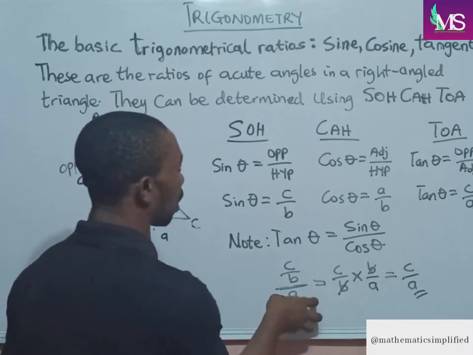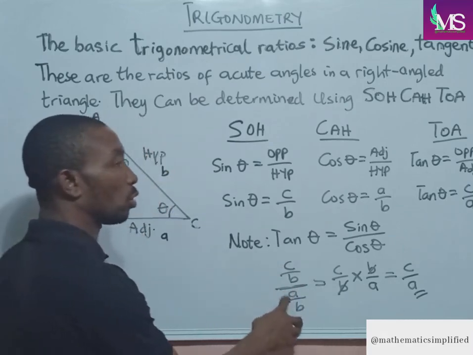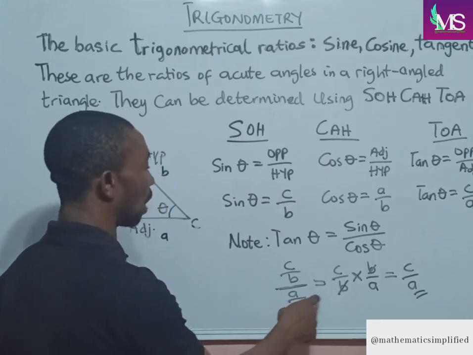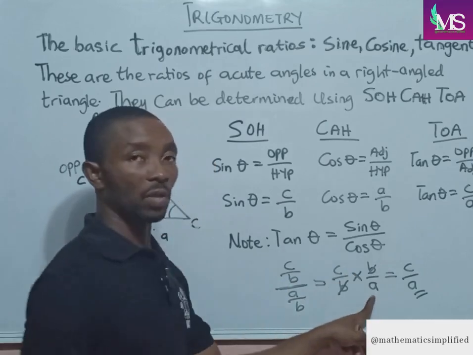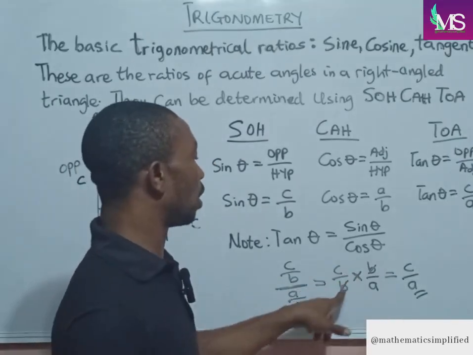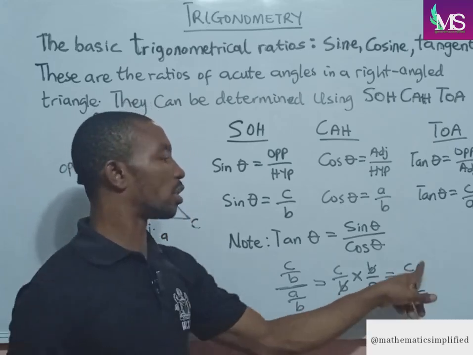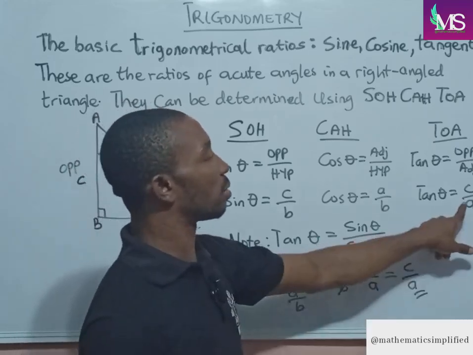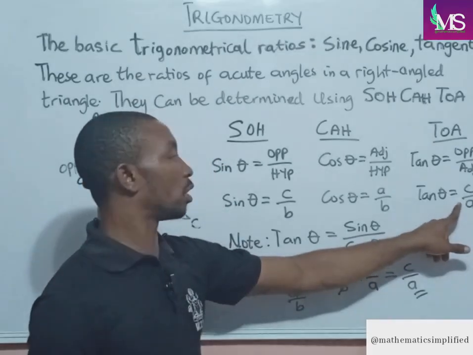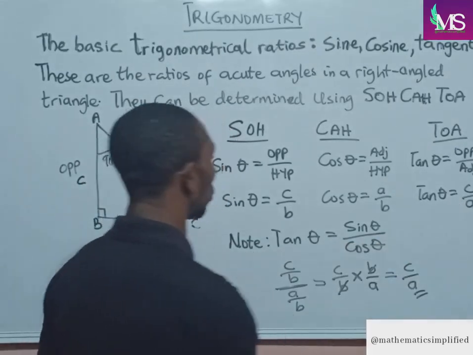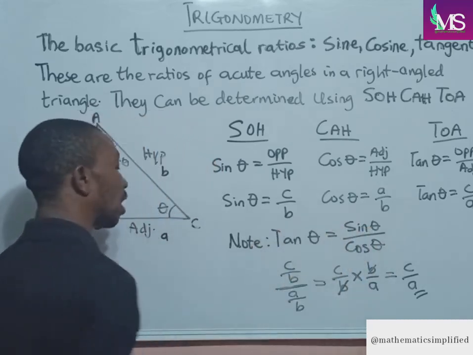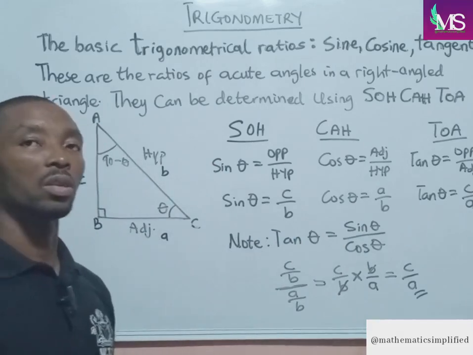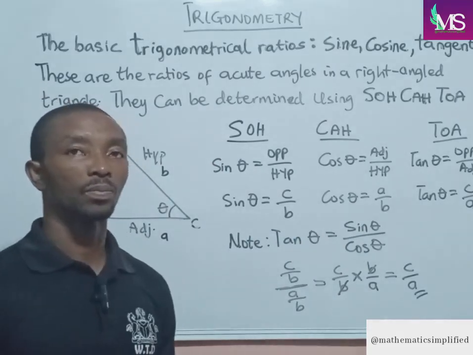If we take the inverse of our denominator, cos theta, that becomes c over b times b over a. The b's cancel out, leaving us with c over a, which is the same as our original tan theta. So we can also say that tan theta is equivalent to sin theta over cos theta.